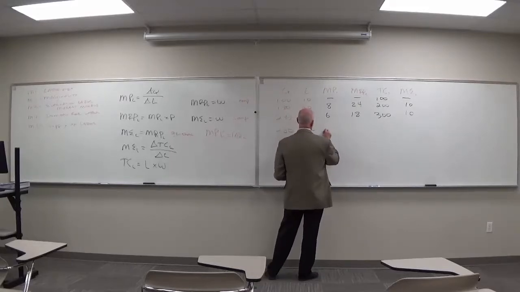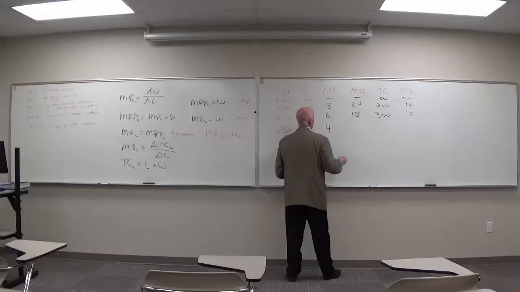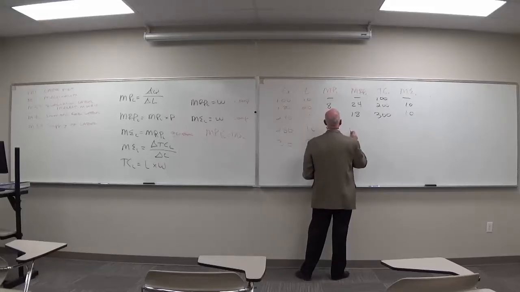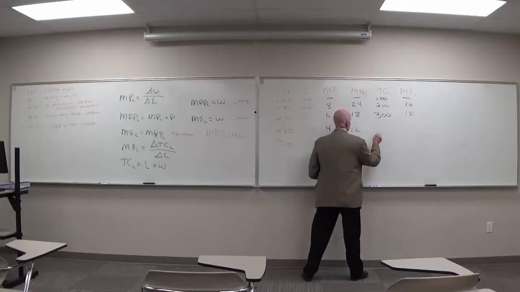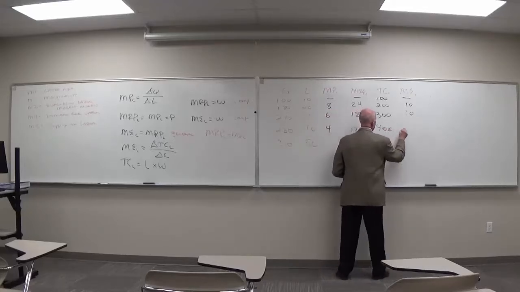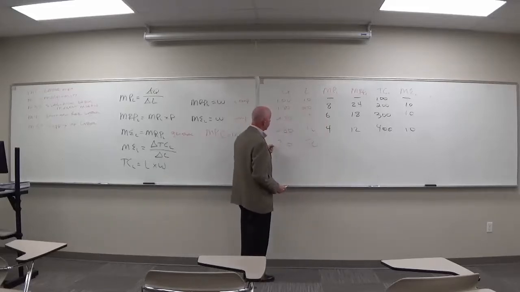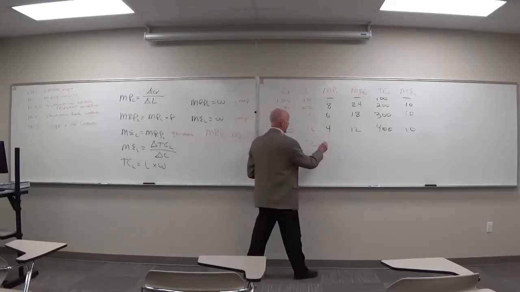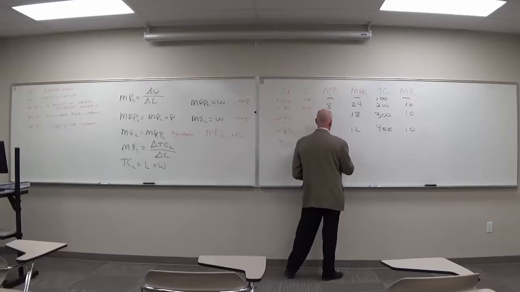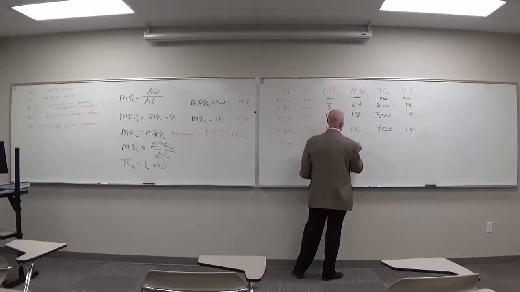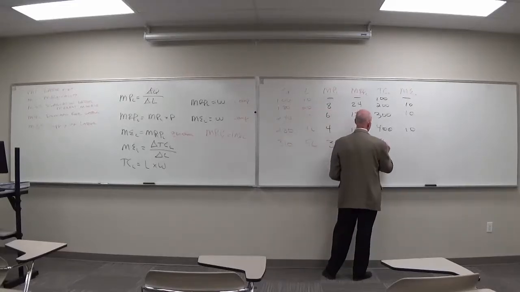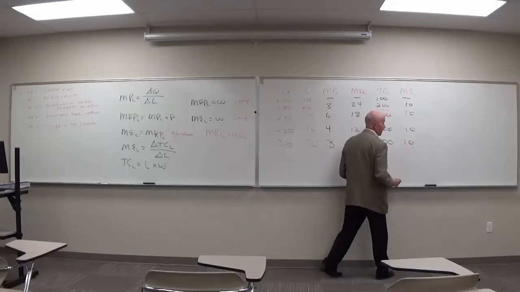So here we're going to have 4 and times 3 is 12. We're going to be at 410. The next one is going to be 30. So we're going to be at 3 times 3 is 9. And it's going to be at 500. And this will still be at 10, right?